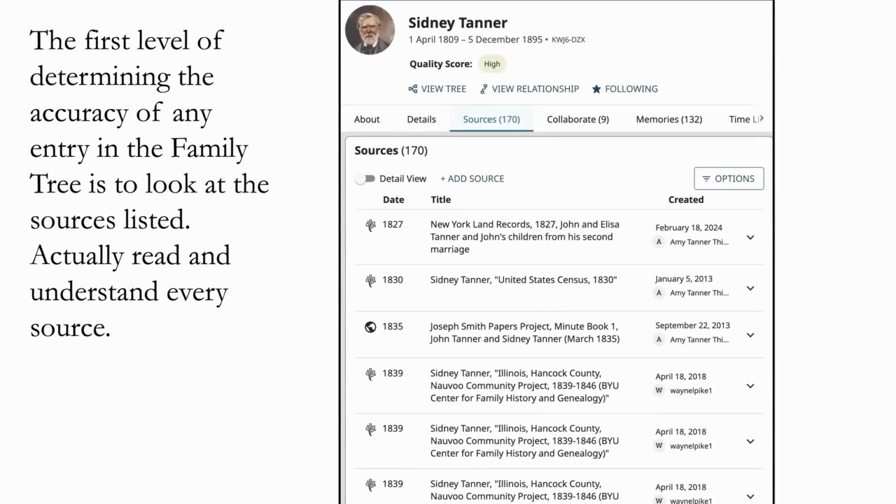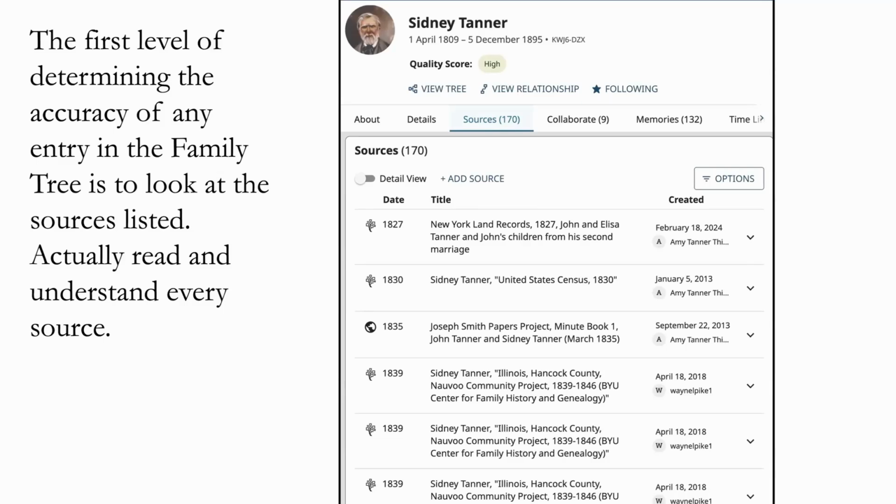So the first level of determining the accuracy of any entry, this is the first level. Now we're going to talk about how we're going to actually determine if this information is accurate or not. The first level of determining the accuracy is to look at the sources listed and actually read and understand every single source. Okay.